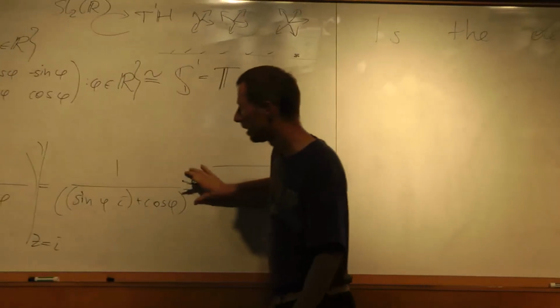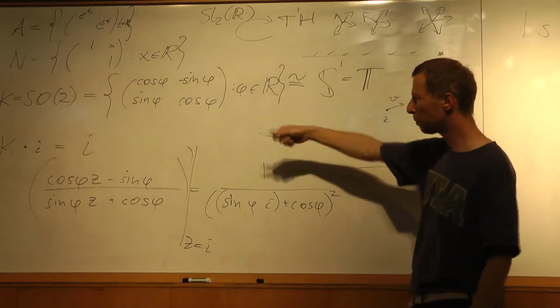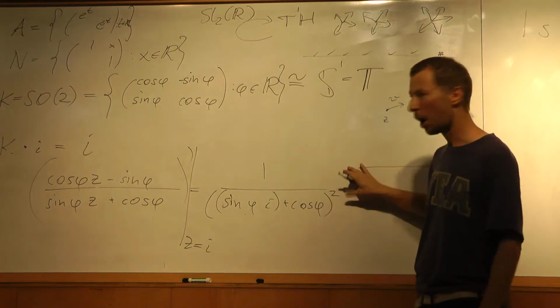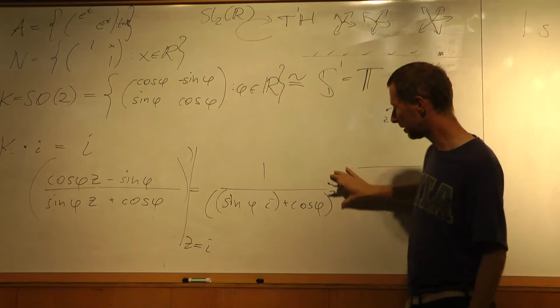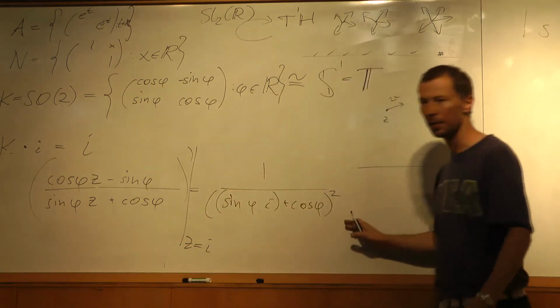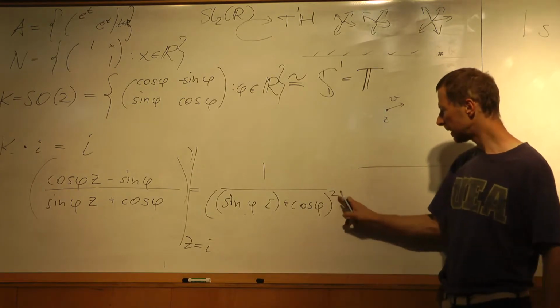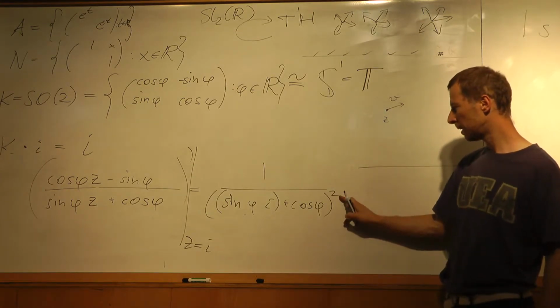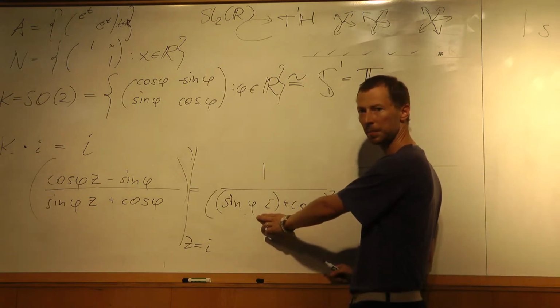Namely, we saw that this is the action on the tangent vectors if your base point is i of the SO2, right? So we ask whether this here is equal to 1, or when this is equal to 1. Well, since there's a square here, this is equal to 1 if the input is equal to plus or minus 1.